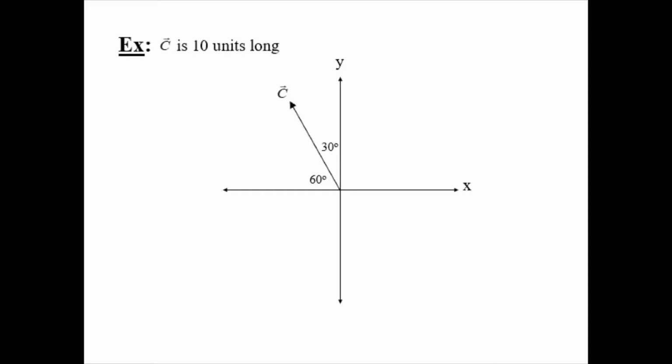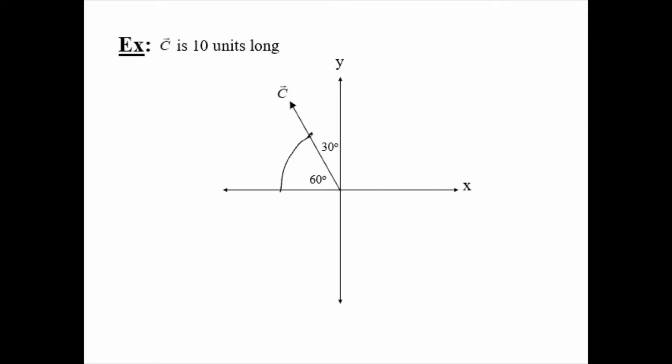I don't know what the units are. Maybe they're meters, centimeters, I don't know. But vector c is 10 units long, and it's pointing at angles like this that they've sketched into the diagram. Now, if you remember our working angle, if I put my pencil on vector c and take the quickest route to the x-axis, that is the angle that we typically call theta.